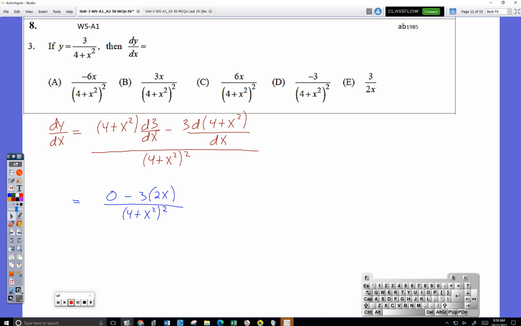Then I say minus the top, which is 3, multiplied by the d dx of the bottom. That's this. So I've got 0 minus 3, and then d dx of this is just 2x.